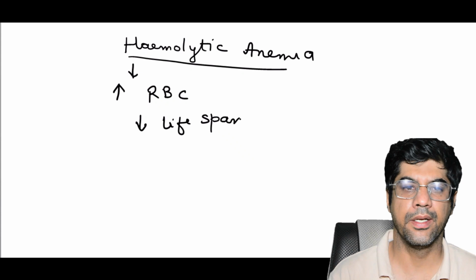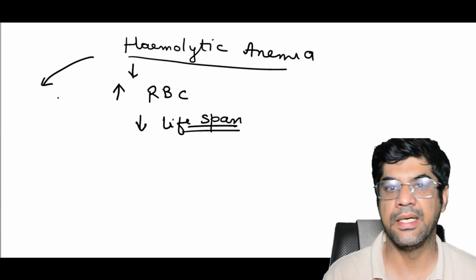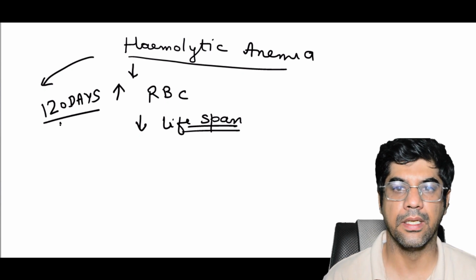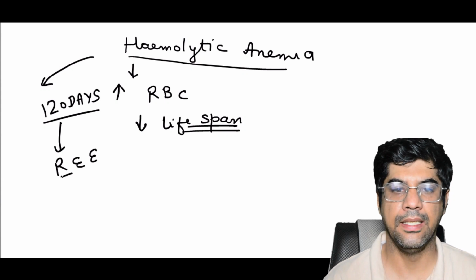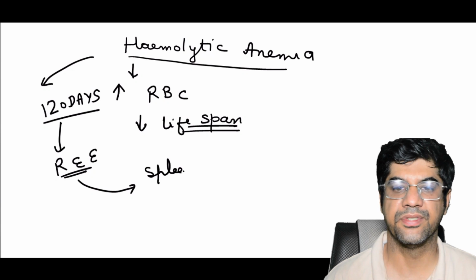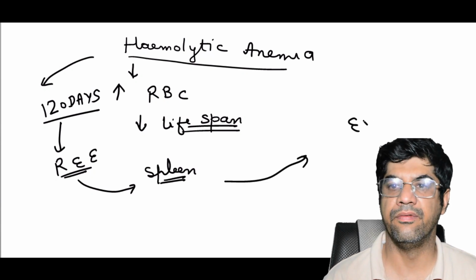So remember, under a normal condition, the RBC typically have a lifespan of approximately 120 days, after which they are removed by the reticuloendothelial system, primarily in the spleen. That process is known as extravascular hemolysis.